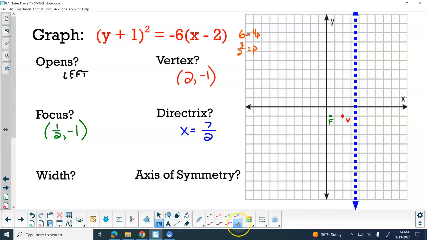The width of my parabola is 6, so that is 3 up and 3 down.